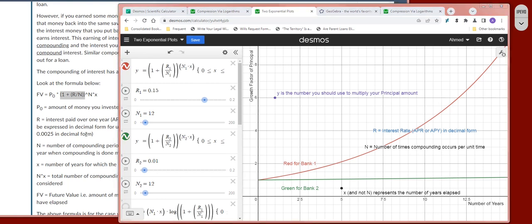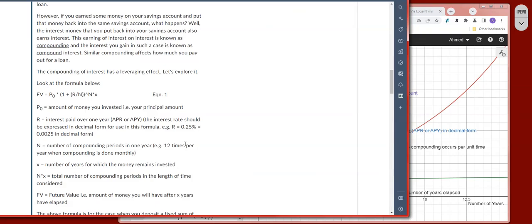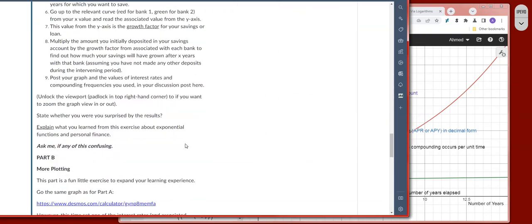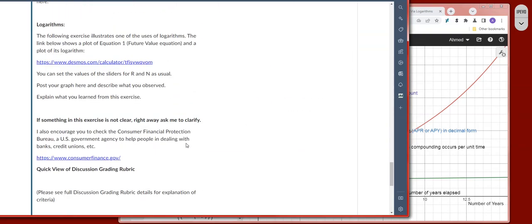This is fairly straightforward. Now let's move along in the discussion to look at this piece related to logarithms. Logarithms are a little bit less common in everyday use. They're much more commonly used in engineering and science, but nonetheless they still show up.